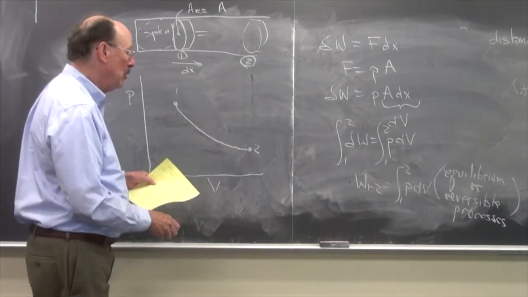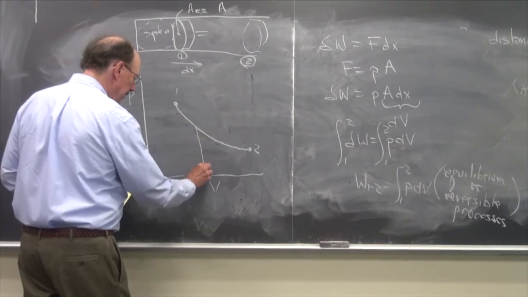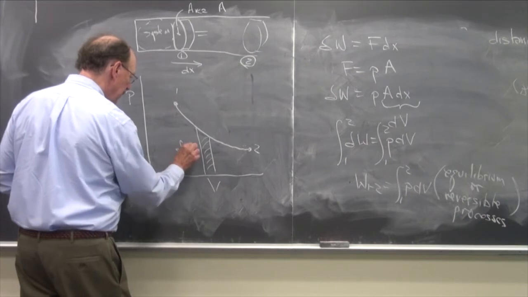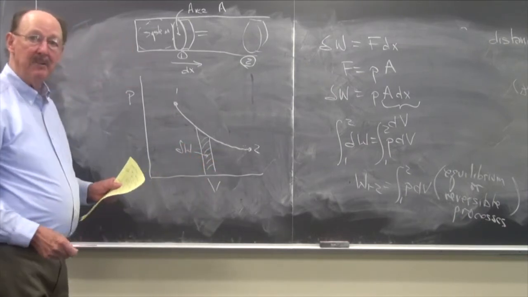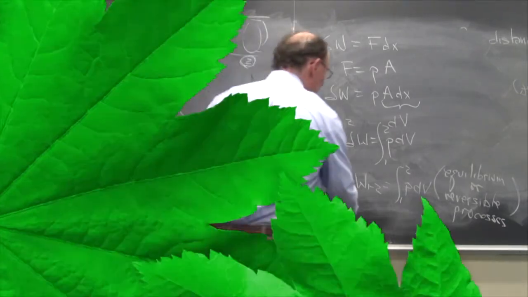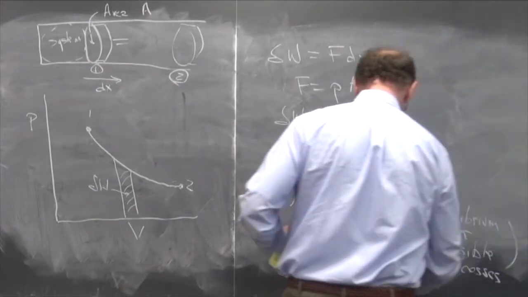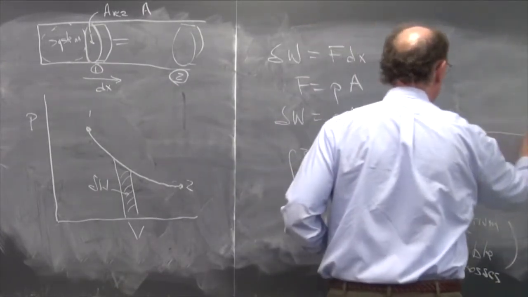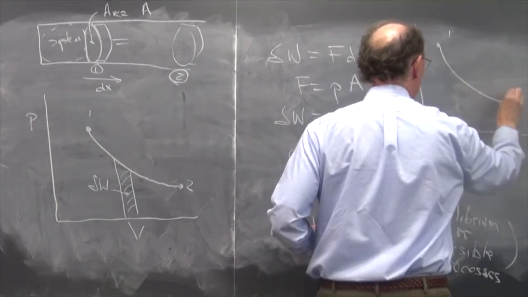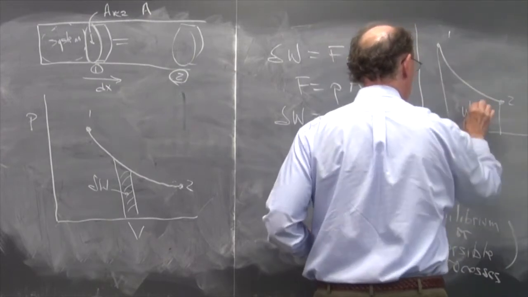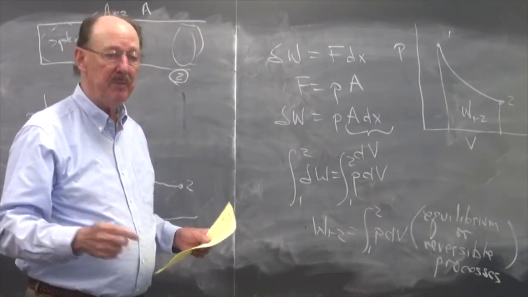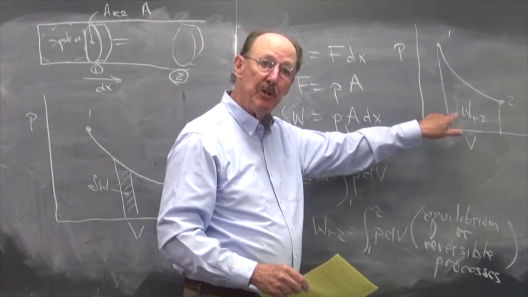Now if I look at this, this area here is del W. And if I integrate this, you know from calculus that the line integral is the area under the curve, and so the area under the curve for this is your work from 1 to 2.